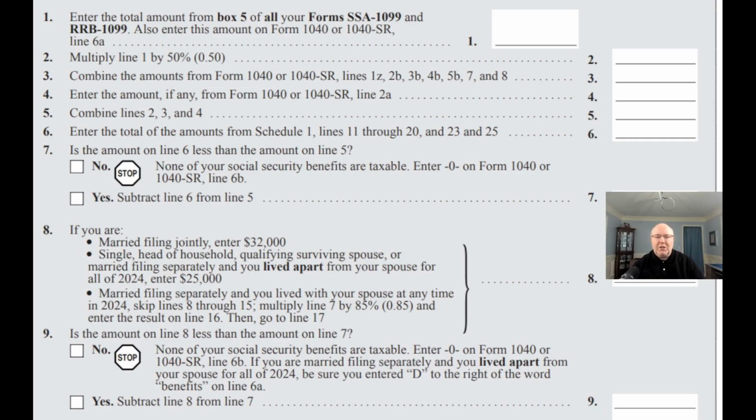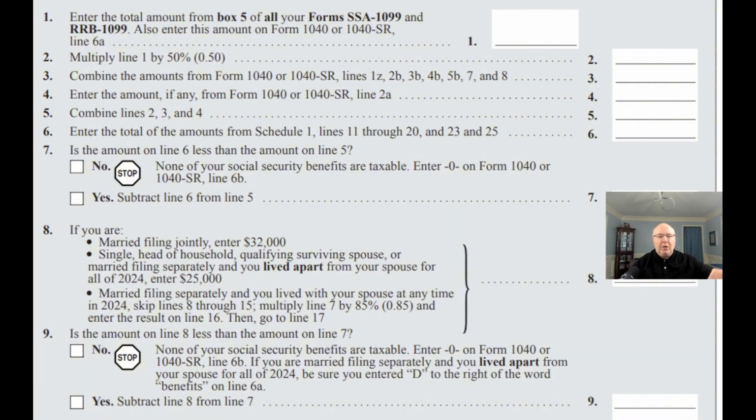and then we'll start getting over to the actual computations. All right, so what we're looking at is the worksheet the IRS provides us for the 1040 as we're dealing with line 6. What we start out with is our 1099, which is going to be our SSA-1099, which will be provided to us. Now we go to box 5 from our 1099, and we're going to enter that into box number 1 on the worksheet.